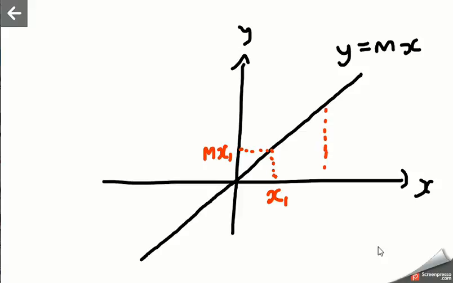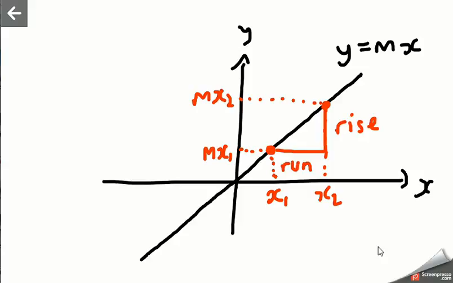Suppose now we've also got x2, then the y coordinate must be m times x2. Well, we can actually find what m is from these 2 points. Another way we can do that is to find this distance here and this distance here. And we call this distance the rise and this distance the run. And the gradient m, it turns out, will always be equal to rise divided by run.